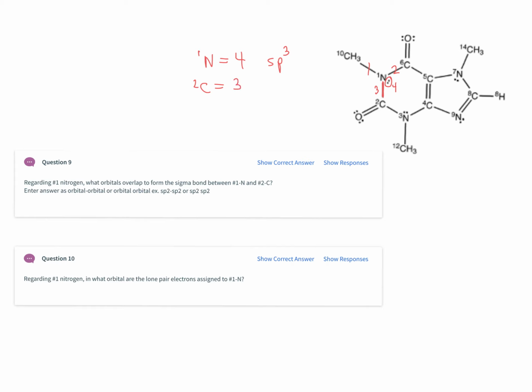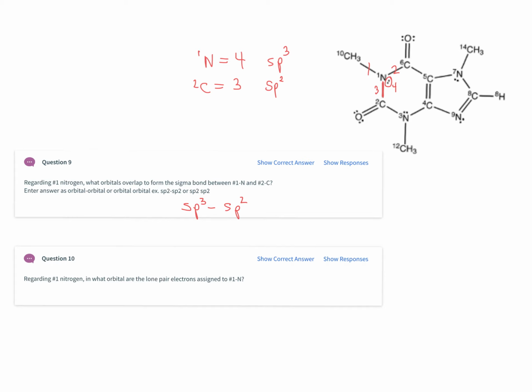To have 3 electron domains, I need 3 hybrid orbitals, so s orbital plus 2 p orbitals, I'm sp2. Based on that, I would need the overlap of an sp3 orbital from nitrogen with an sp2 orbital from carbon to make that carbon-nitrogen sigma bond.